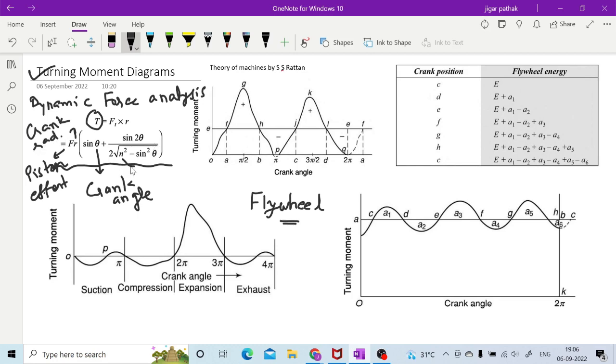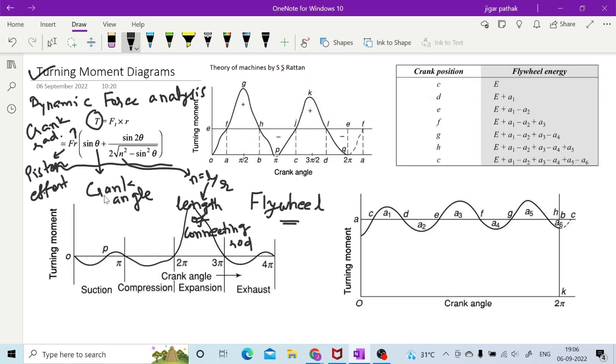And this n is actually equal to L by R, where R is the crank radius and L is the length of the connecting rod.